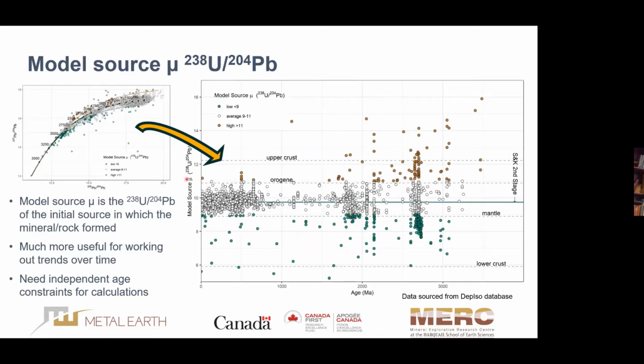It's relatively difficult to work with that particular way of plotting things and seeing how things have changed through time, because it's all on curves. So we've transformed from that lead isotope plot into an age versus model source mu plot, and then just emphasized the high mu settings in browns and the low mu settings in green, relative to the more typical well-mixed environments.